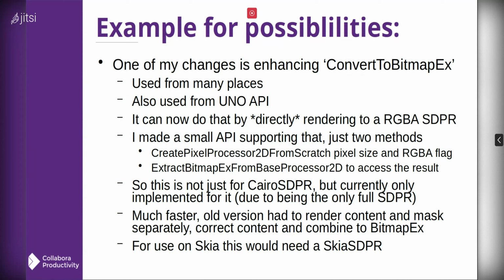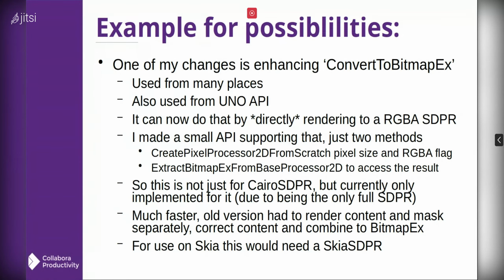So, an example of other benefits. One of my changes was enhancing convert to bitmap X, which is used from many places, also from the UNO API, and can do that now directly because Cairo SDPR also has a constructor for the renderer to create a new Cairo surface and directly render to it in RGBA.